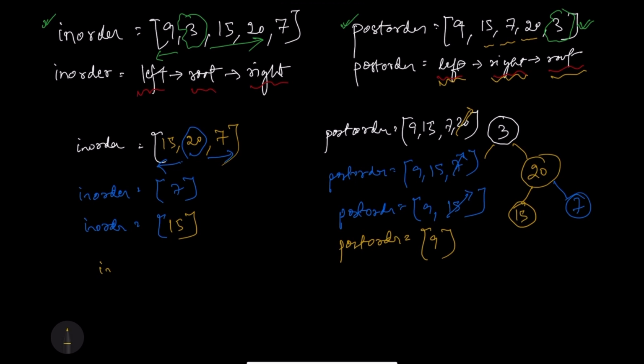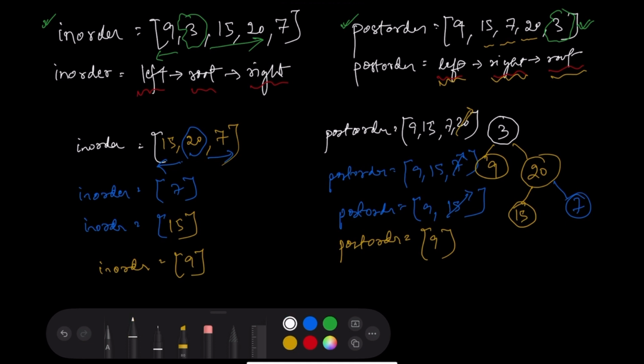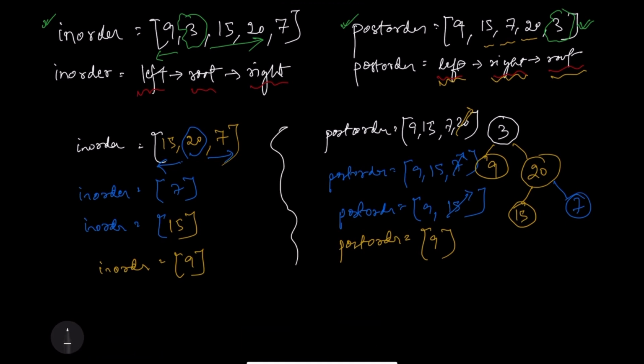So our inorder will be 9. So here we will be populating our 9. So this is how we will be populating our binary tree from inorder and postorder, and this should be our iterations, and this would be our following iterations.